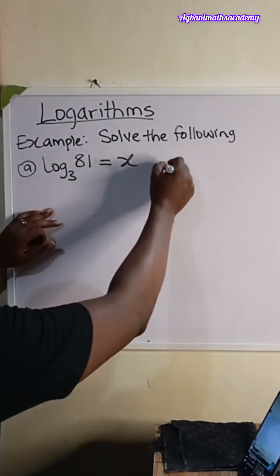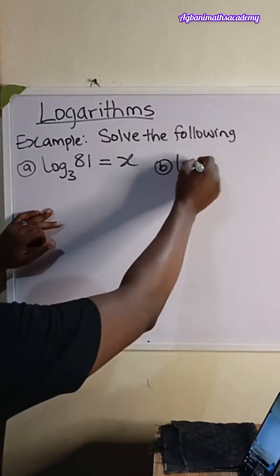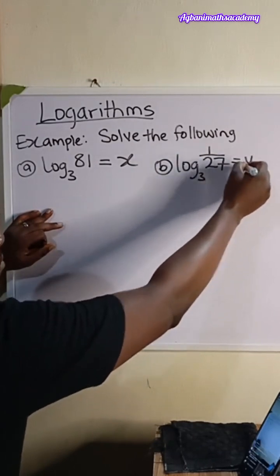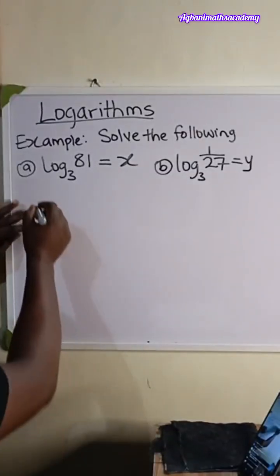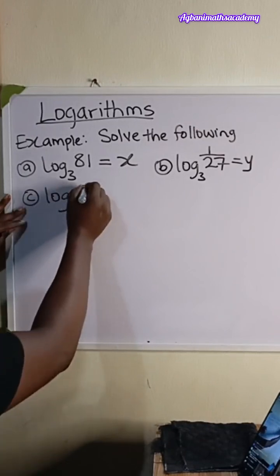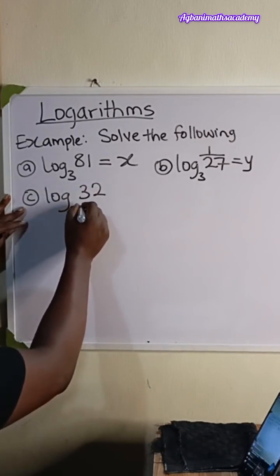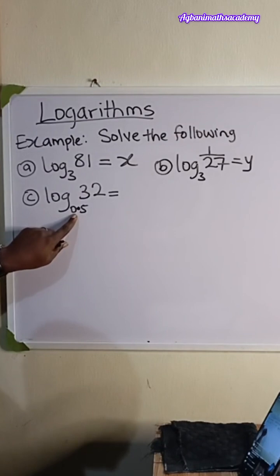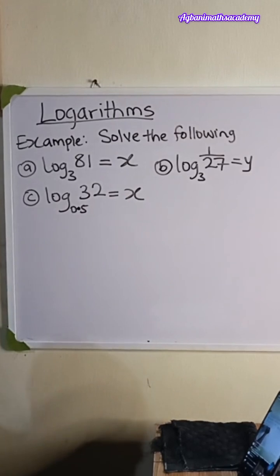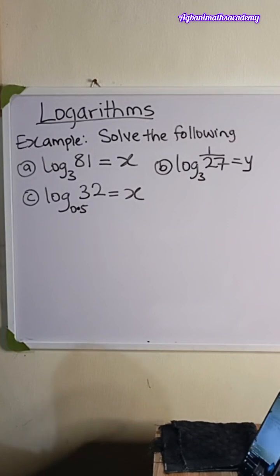B. And then C. Yeah, this is 0.5. So let's try out these questions.